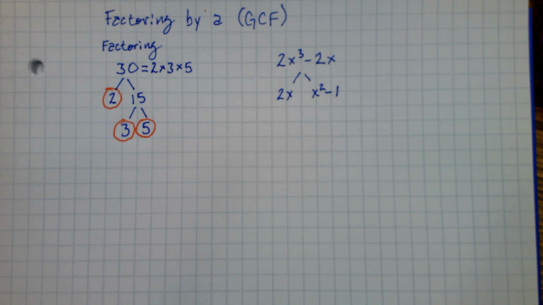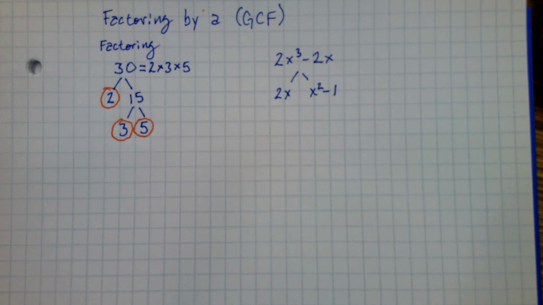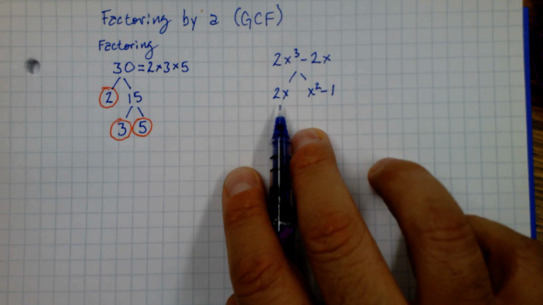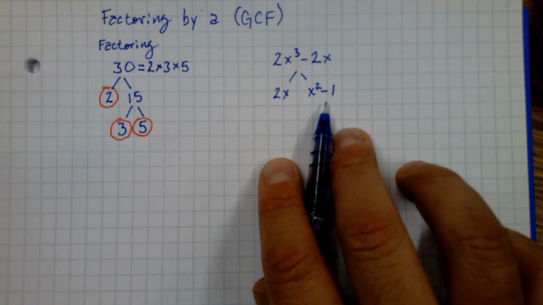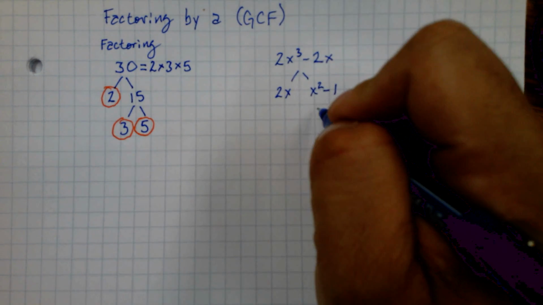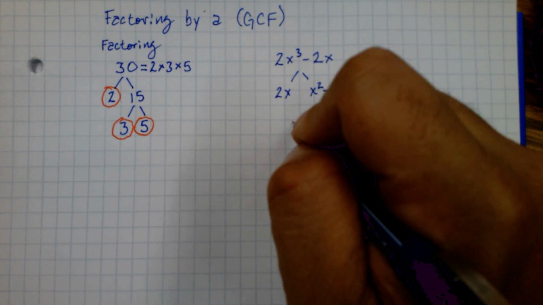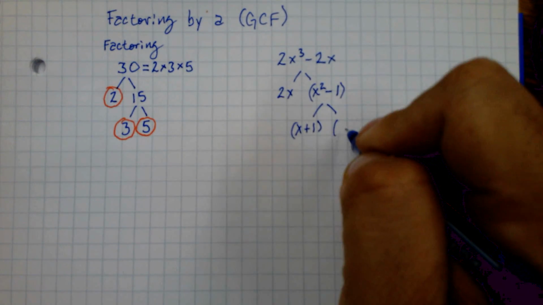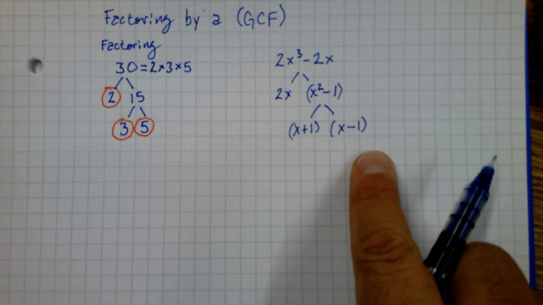Okay. And, right, this times this would equal that. And then I notice that I can't break down 2x any further. But I can break down x squared minus 1. It's a difference of squares. Well, x plus 1 and x minus 1. If I multiply these two, I get that.